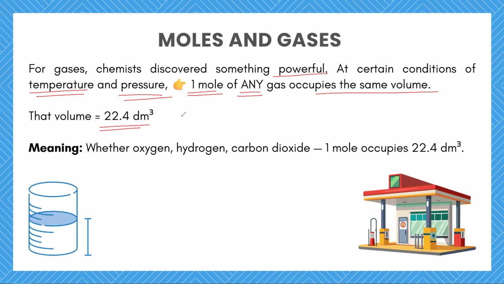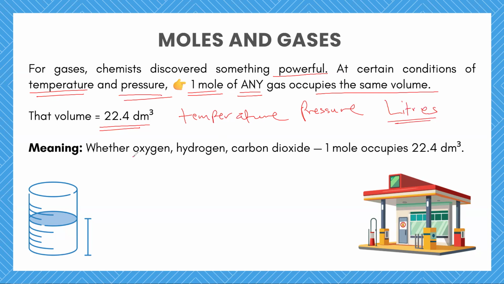So when certain conditions of temperature and pressure are attained, the volume occupied by 1 mole of any gas, whatever gas it may be, is 22.4 dm³ or 22.4 liters, whichever one you choose to use.